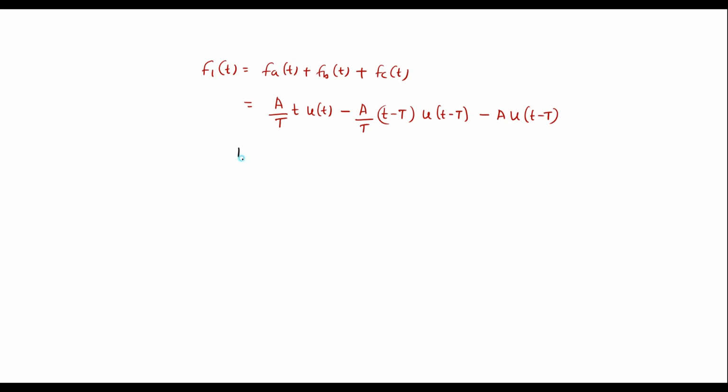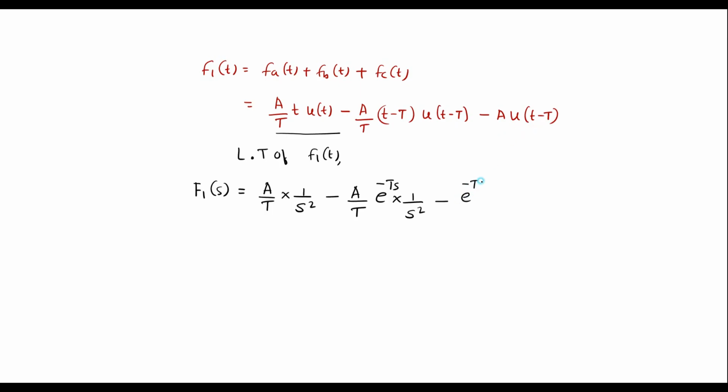So F1 of s equals the Laplace transform of the ramp signal, which is A by T into 1 by s square, minus the Laplace transform of the shifted ramp signal, that is A by T e power minus Ts into 1 by s square, minus the Laplace transform of the shifted step signal, which is e power minus Ts into 1 by s. So this is the Laplace transform of one cycle.